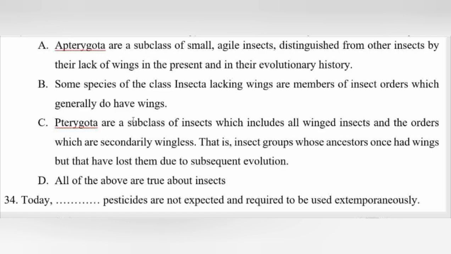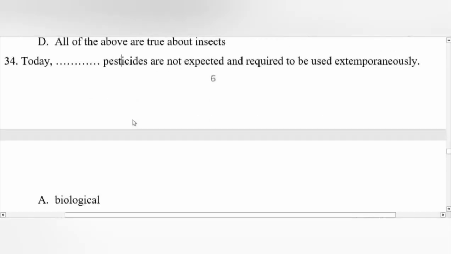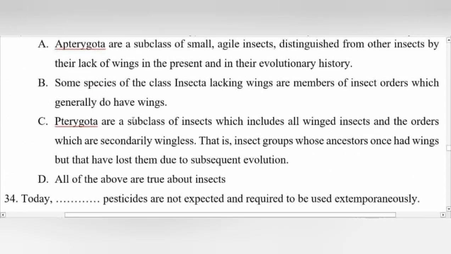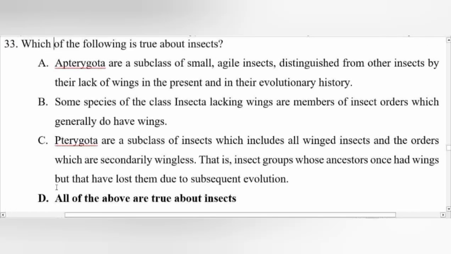That is, insect groups whose ancestors once had wings, but that have lost them due to subsequent evolution. Then the next one is all of the above are true about insects. Yes, all of the above are true about insects. So for this question, we should choose all of the above.